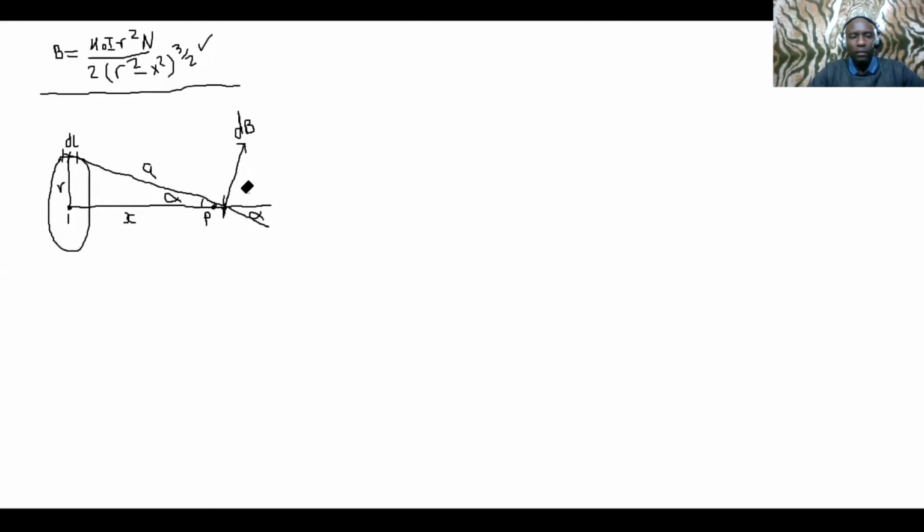Remember, the angle we have written here is 90 minus alpha. That is the angle which will be used. The vertical component here will be this one, and the horizontal component will be represented by this line here.